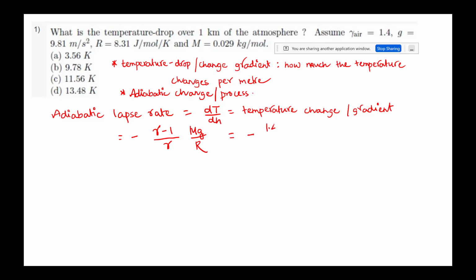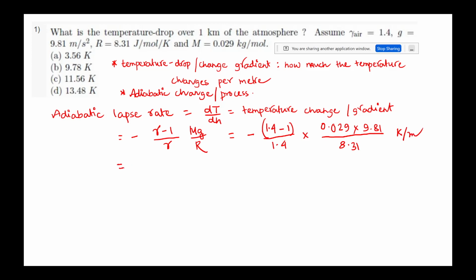Now for our system, gamma is 1.4, so this is minus 1 over 1.4, M is 0.029, times 9.81, divided by R, 8.3. This will be in Kelvin per meter, right?